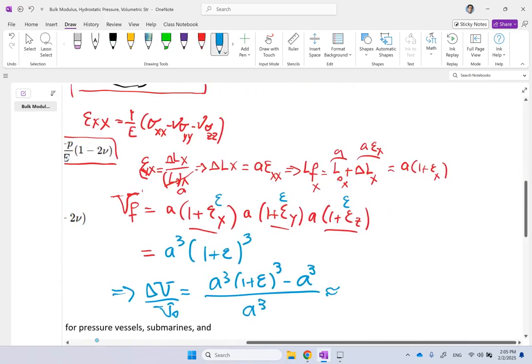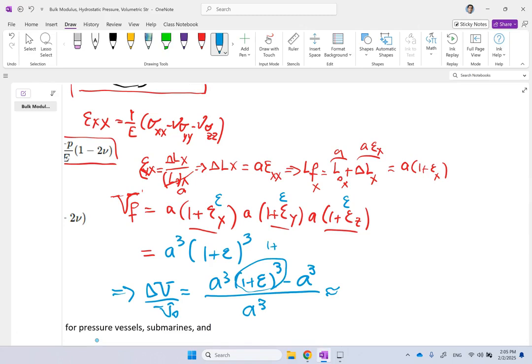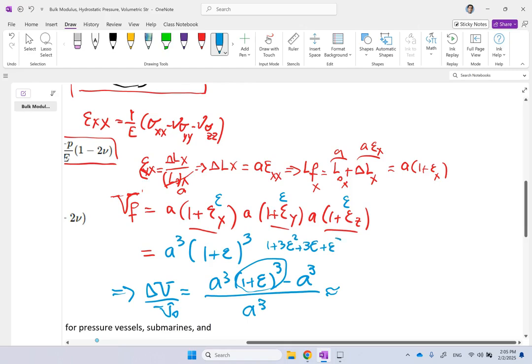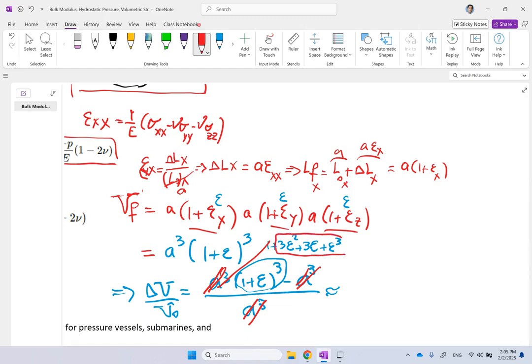And if you simplify this, you can expand this, this is going to be 1 plus 3 epsilon squared plus 3 epsilon plus epsilon cubed. And the 1 would cancel out, and you will get this. And if you divide by A cubed, the A's would cancel out, correct? So you will basically get this one.